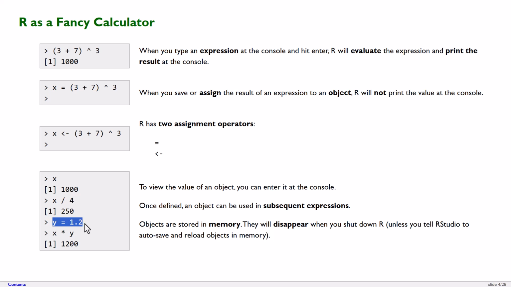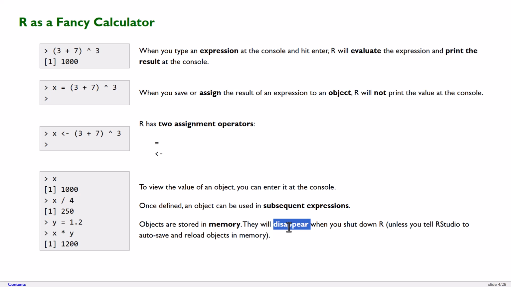We can also create another object, save the value 1.2, and then use both of those objects in another expression to see the results. It's important to note though that all of these objects that we're creating, X and Y, are stored in memory and they will disappear when you shut down R, unless you tell R or RStudio that you want to save the environment.